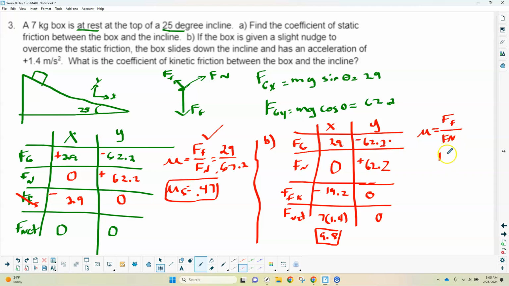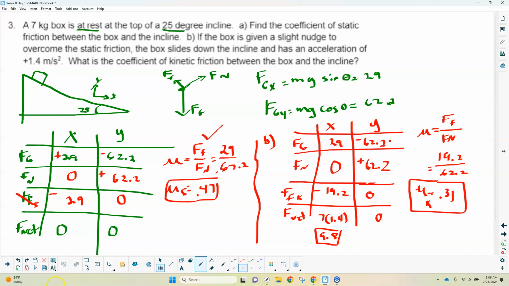So it would be 19.2 this time divided by 62.2. And when you get that, you get U is something like 0.31. So it is smaller, which is the typical idea, like the kinetic friction constant is a lower value than the static, and that has to work that way.